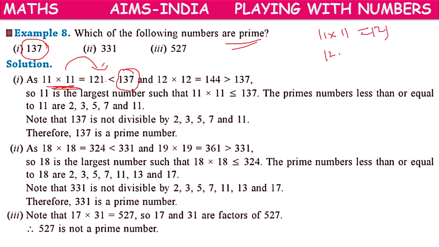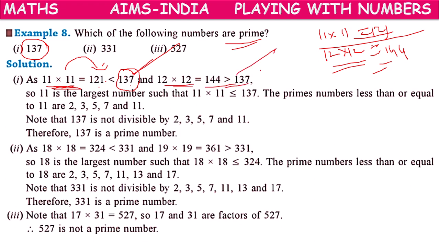Next, 12 into 12, 144. This 144 is more than 137, so that's why we take the lesser value. 11 into 11, 121, is less than 137, and 12 into 12, 144, is greater than 137.